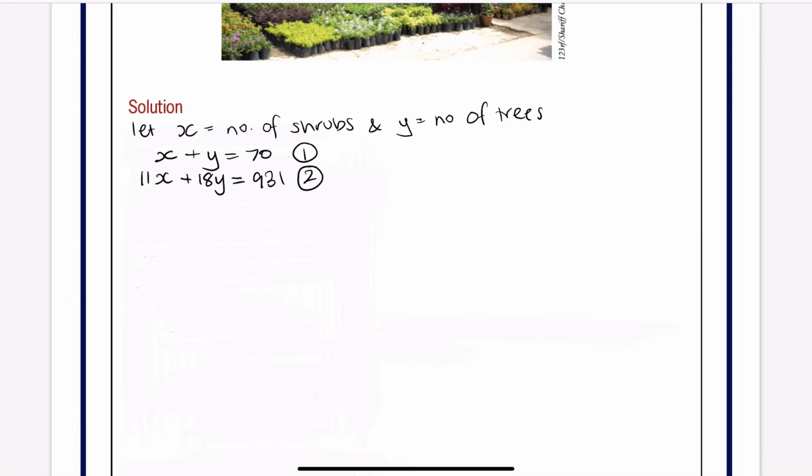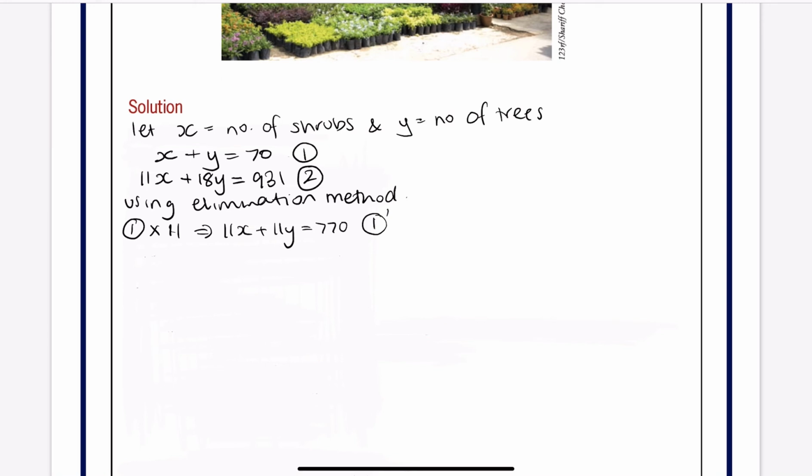Using elimination, I would multiply the first equation by 11 to make the x variables the same. That becomes 11x plus 11y equals 70 times 11, which is 770. This is equation 1 changed, so I'll call it 1 apostrophe, and I'll put equation 2 underneath so it's easy to see what we're doing.